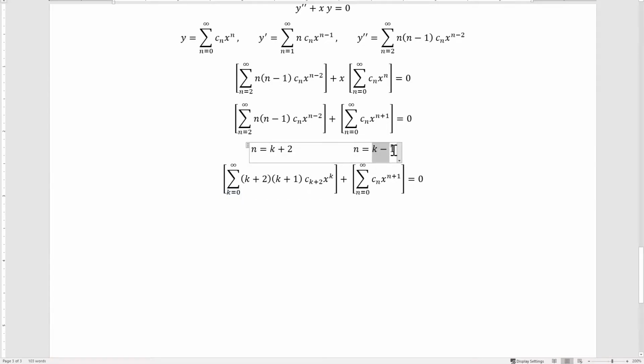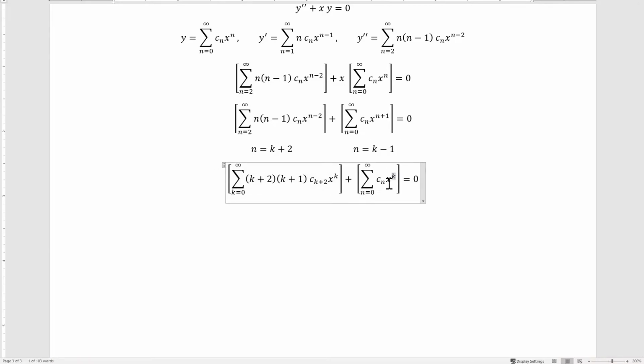Our second series, we're going to replace the n with k minus 1. So this is going to give us our k here, so n is equal to k minus 1. So k is going to start at 1. Well, we don't have any other constants to mess around with.